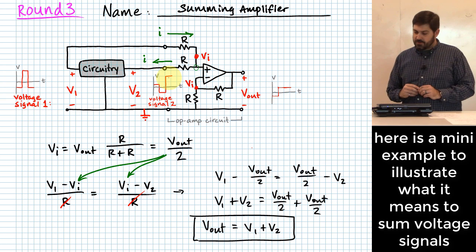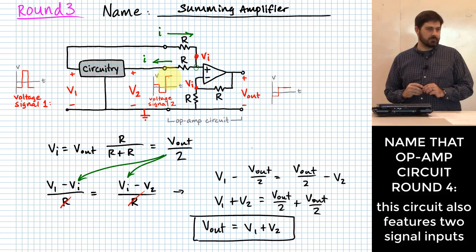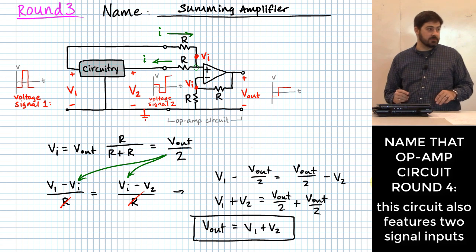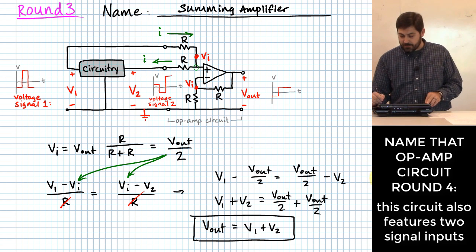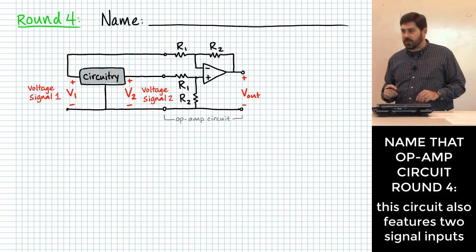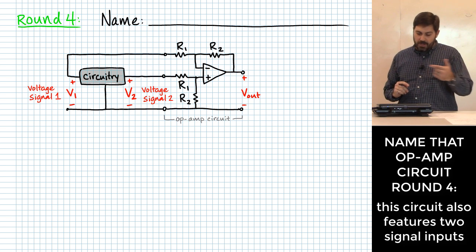All right. Any questions? Who's ready for round 4? Let's do round 4. This one gets a little trickier, but I know that you guys are up for it. So round 4. Again, we have 2 different inputs for this one. We have a voltage signal 1 and a voltage signal 2.